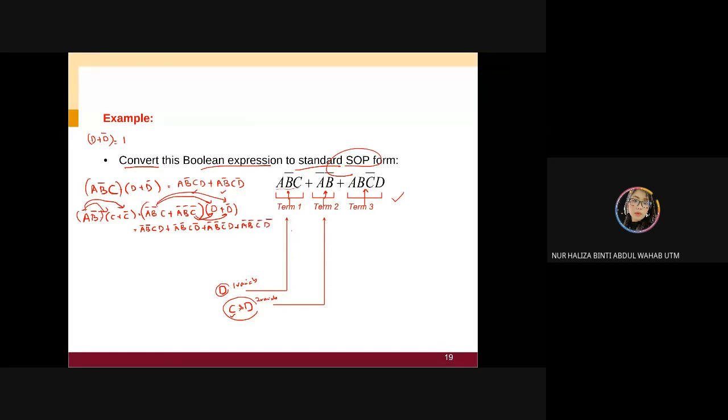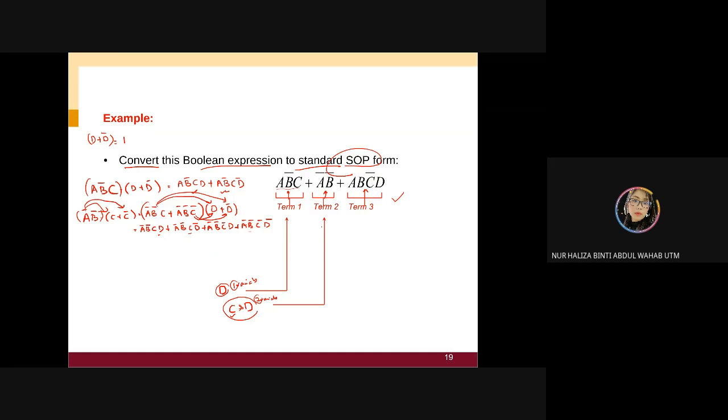Everything is now full four variables. It follows the standard. If I'm missing 2 variables, I add another 4. If missing 1, I add another 2.